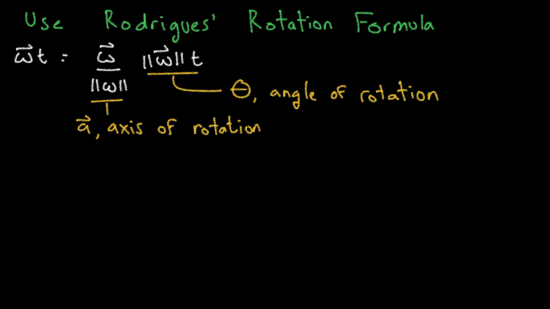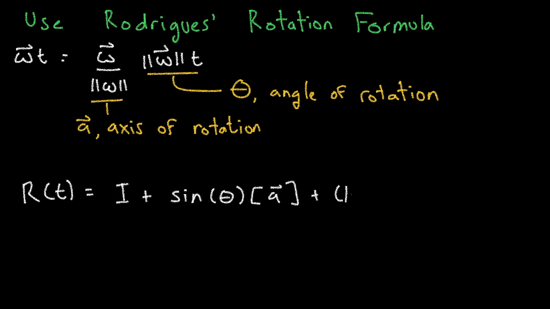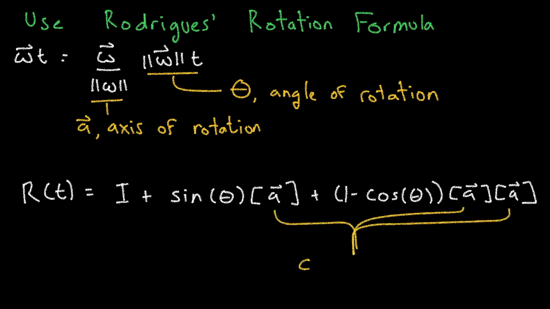So given these two terms, you can show that the matrix exponential of a skew-symmetric matrix can be expressed using the following formula. And here, the square brackets are our cross-product matrix operation. So we take our 3x1 axis of rotation, which we've computed from omega, and we transform it into a skew-symmetric matrix.